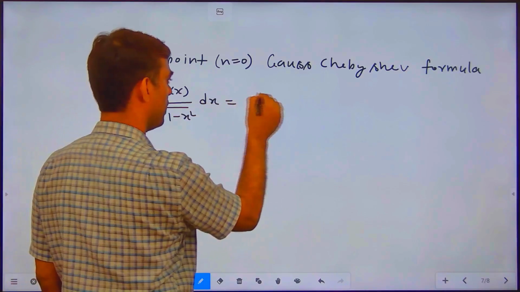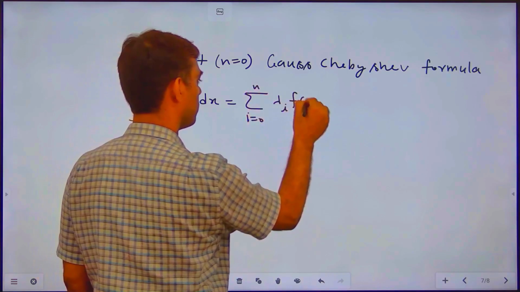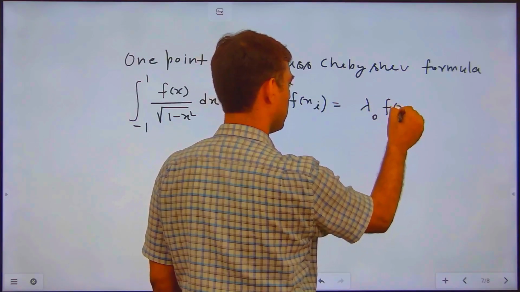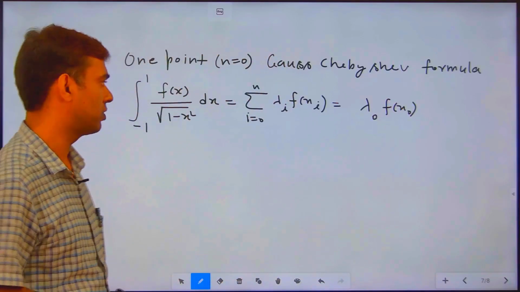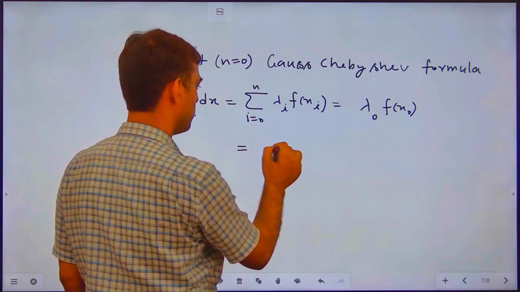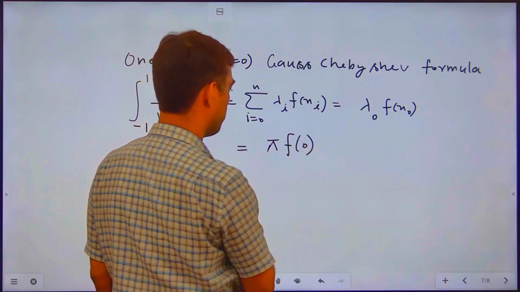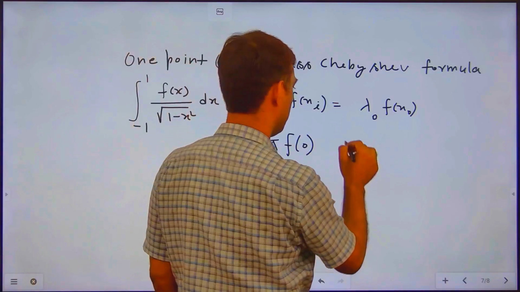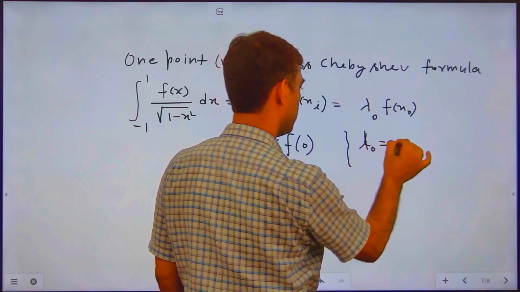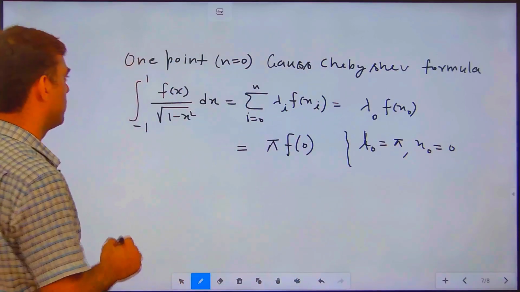This is equal to, if n equal to 0, the summation i equal to 0 to 0 of lambda i f of xi, which equals lambda 0 f of x0. In the 1 point formula, what is the value of lambda 0? Lambda 0 is pi and x0 is 0. So the formula is pi f(0). This is the 1 point formula.